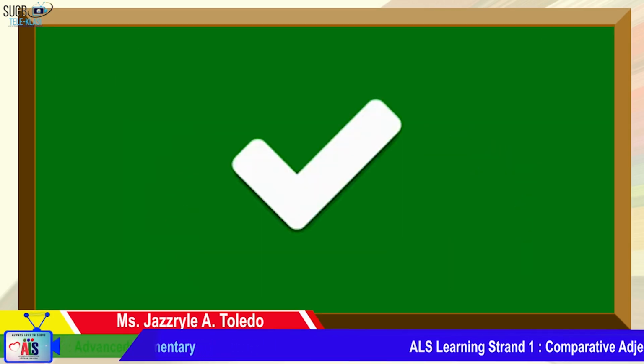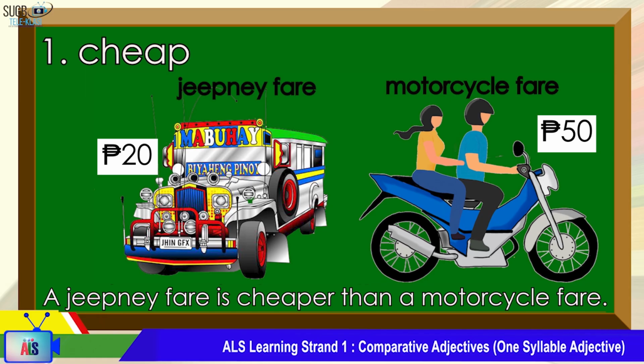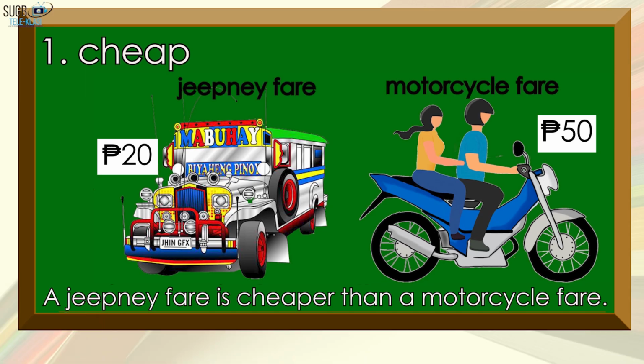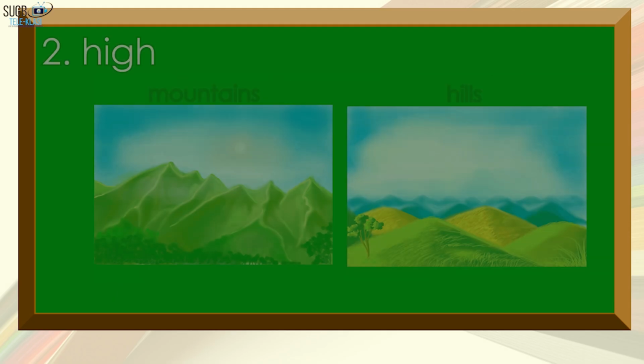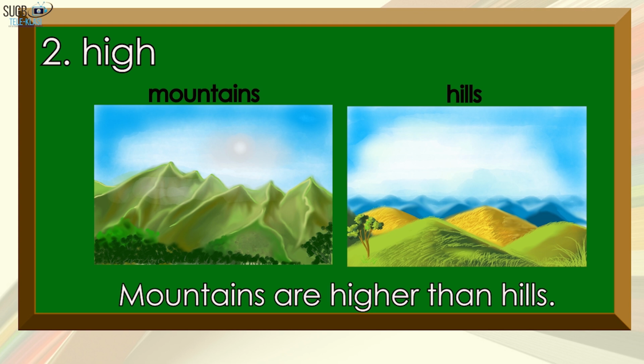Let's check your answers. For number 1, if you answered a jeepney fare is cheaper than a motorcycle fare, then you are correct. For number 2, if you answered mountains are higher than hills, then you got it right.